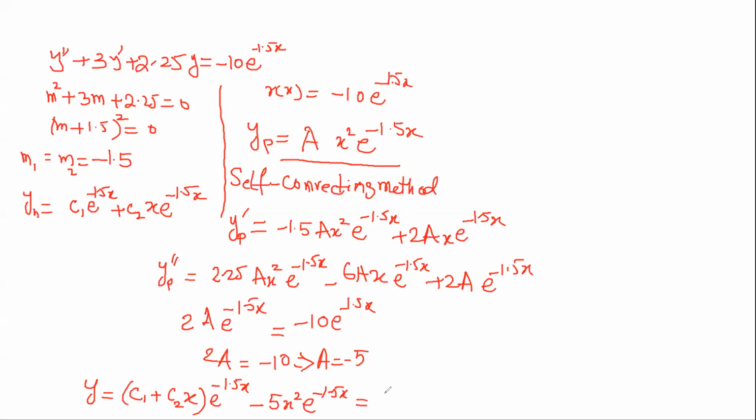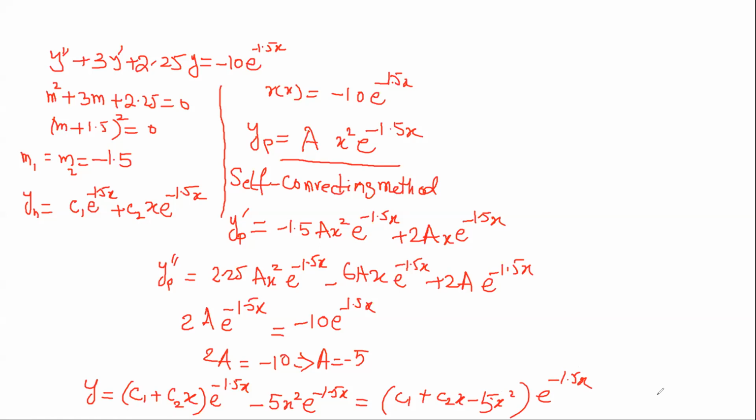So you can take e power minus 1.5 x common from those equations. Then you will get C1 plus C2x minus 5x square, into e power minus 1.5 x. So this will be the general solution.